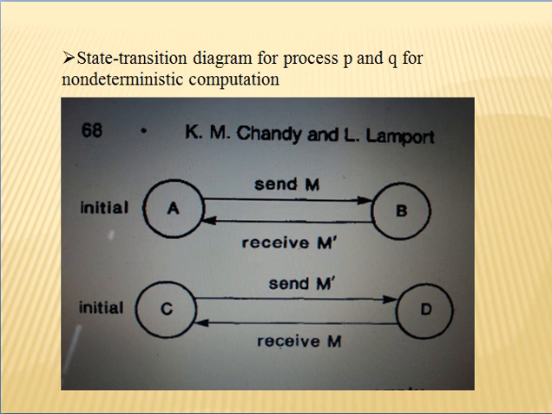On receiving the marker, Q records its state, which is D, and records the state of C as the empty sequence. After recording its state, Q sends the marker along the channel C dash. Then P records the state of C dash as a sequence consisting of the single message M dash. The recorded global state we can consider as S star.